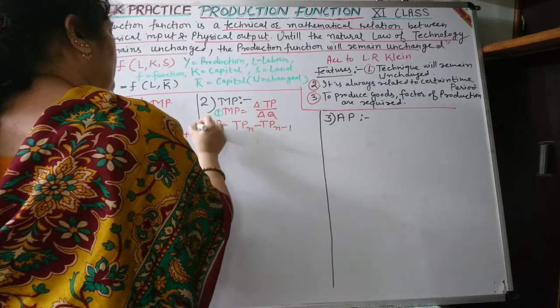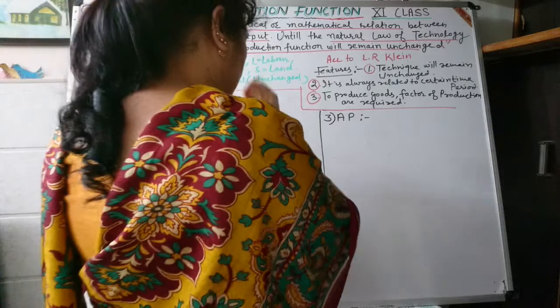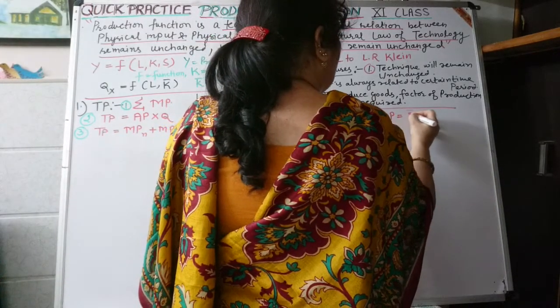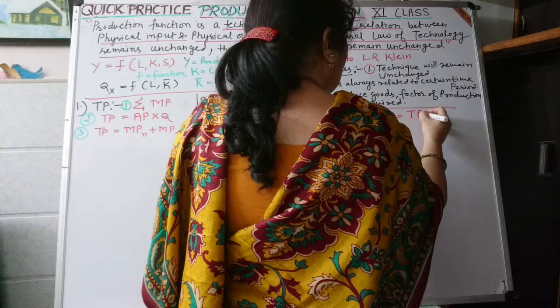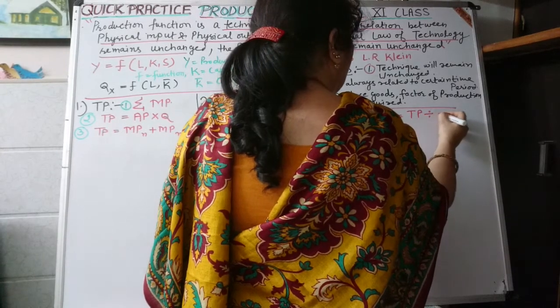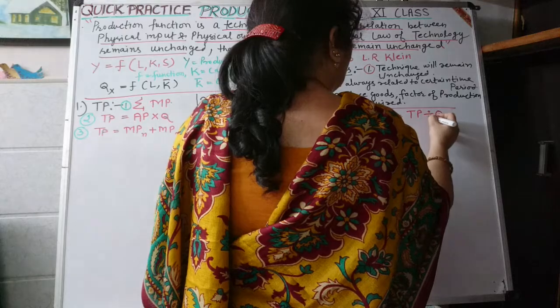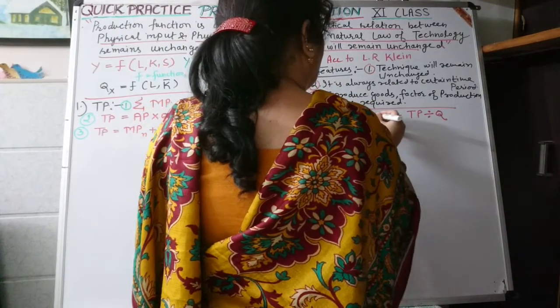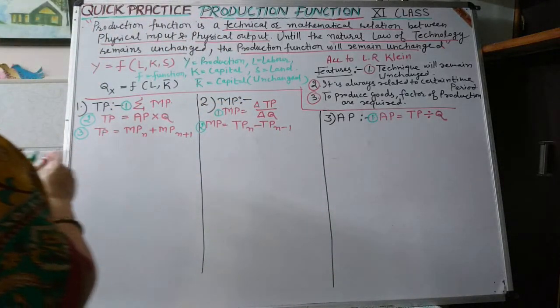Then for the calculation of average production, AP is equal to total production divided by quantity. So in this way we can calculate.